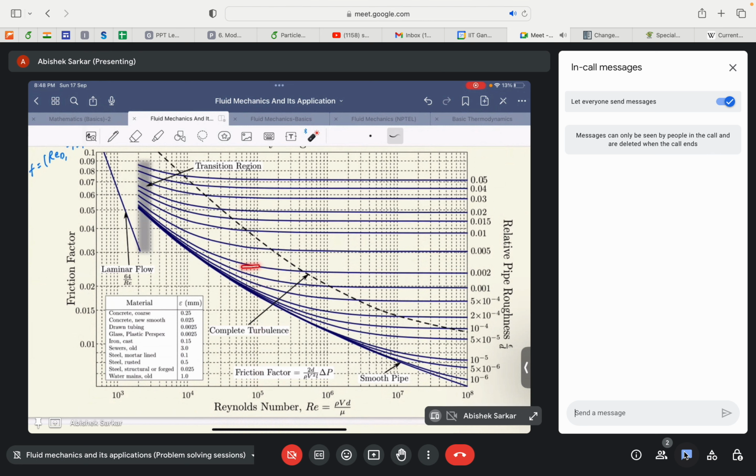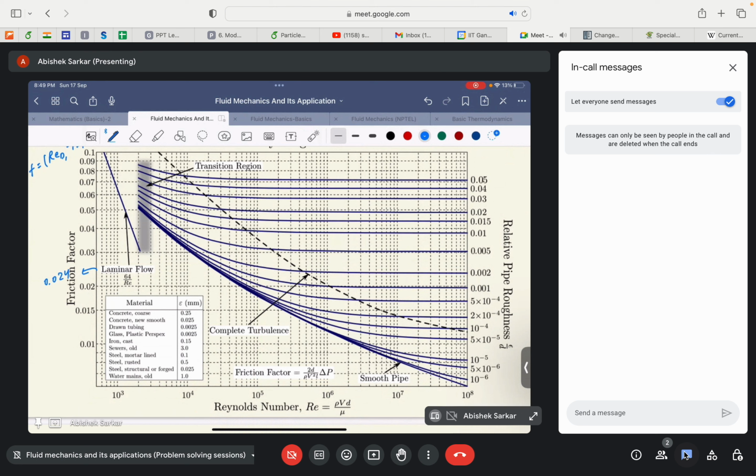So if we go here now, the Fanning's friction factor in this case would be equal to say, sorry, 0.024. So this is how the Fanning's friction factor is determined, okay.